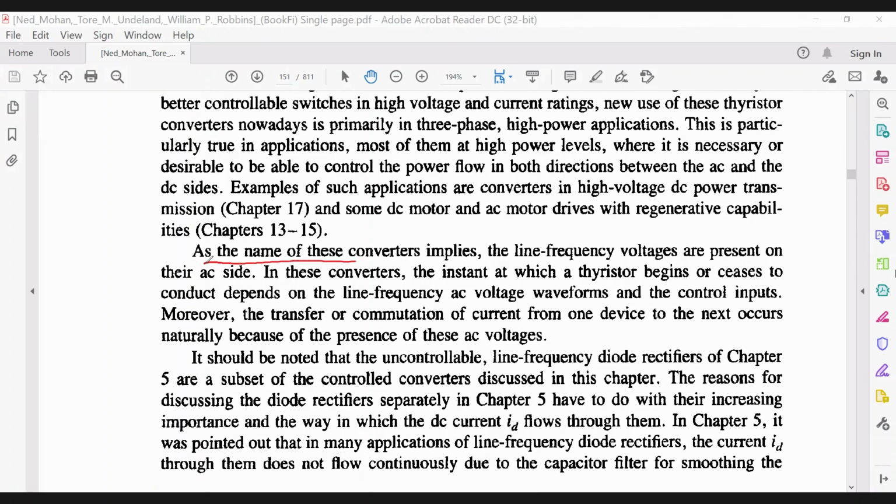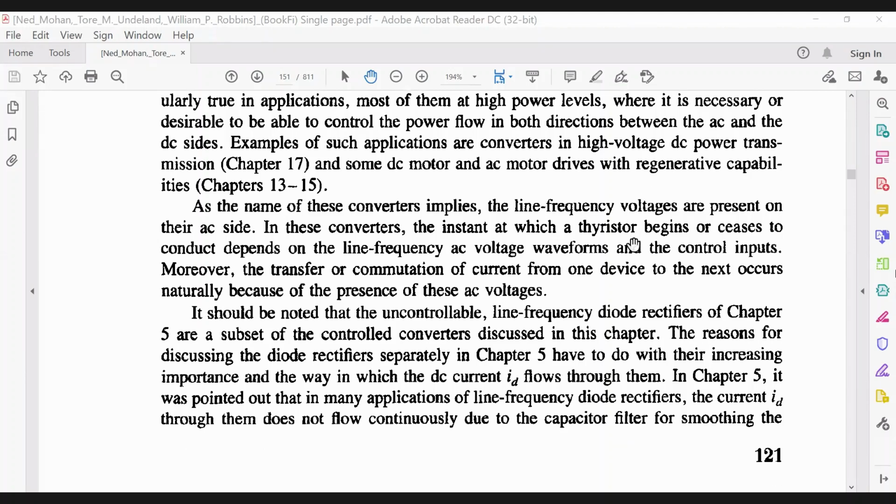It is mentioned that the instant at which the thyristor begins or ceases to conduct depends on the line frequency AC voltage and the control input. Moreover, the commutation of the current from one device to the next is natural. We shall cover all these things. You don't worry, you just read it.